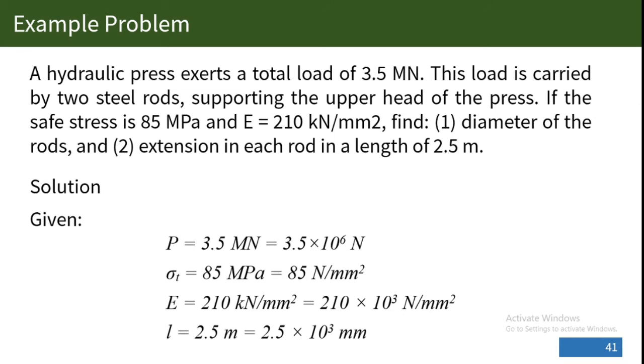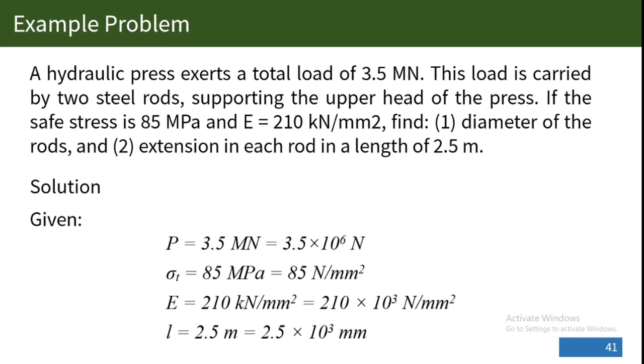Since the load of 3.5 meganewtons is carried by two steel rods, the rods are hanging from this load. So we can safely assume that the type of stress exerted from this load tends to elongate the two steel rods.